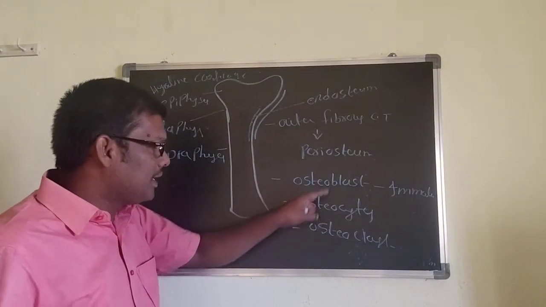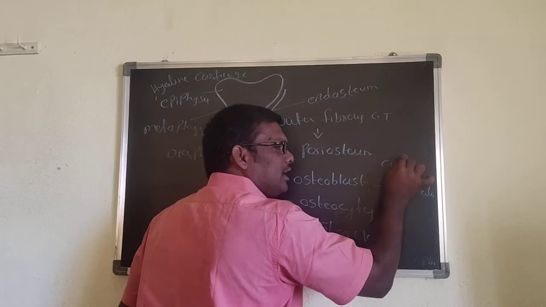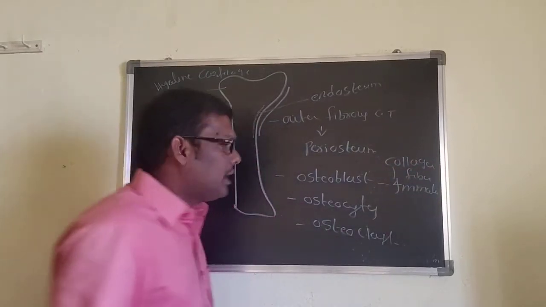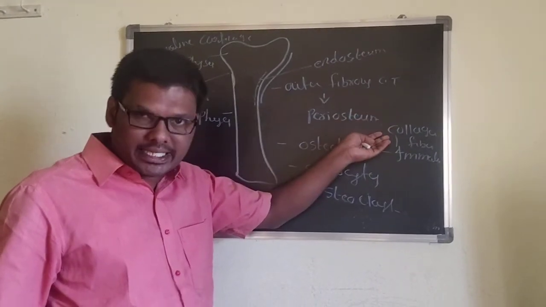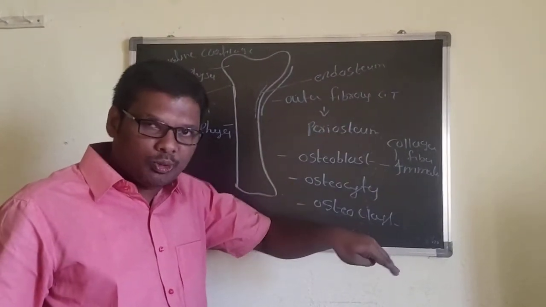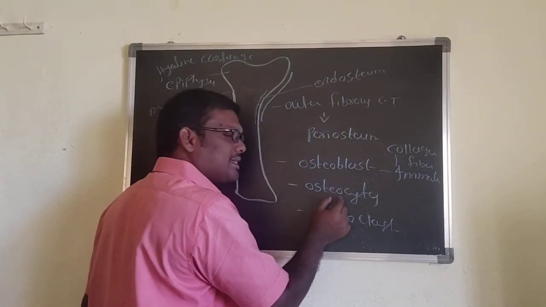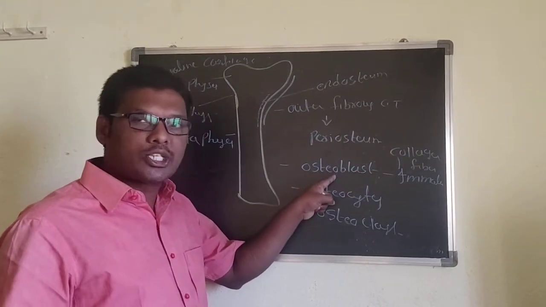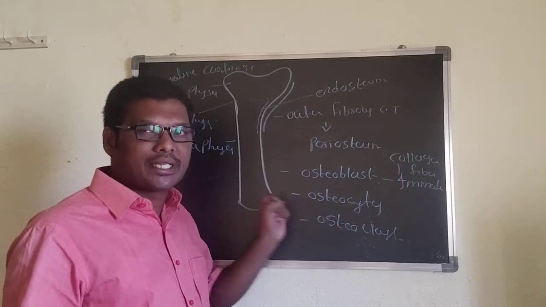They secrete collagen fibers, which get mineralized and converted to mature bone cells. Mature bone cells are called osteocytes, and immature bone cells are called osteoblasts.